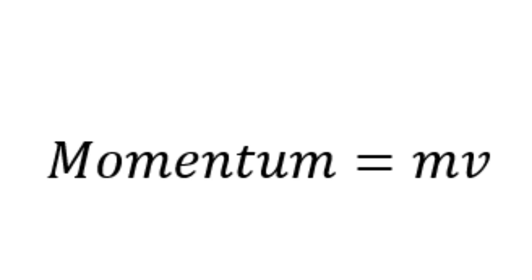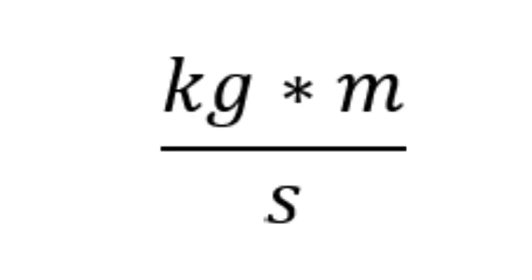Notice, unlike energy, momentum is a vector quantity. In other words, it has a direction that corresponds to the direction of the velocity. Attending to the definition, what is the unit of momentum in the International System of Units? Exactly, kilograms times meters over second, isn't it?